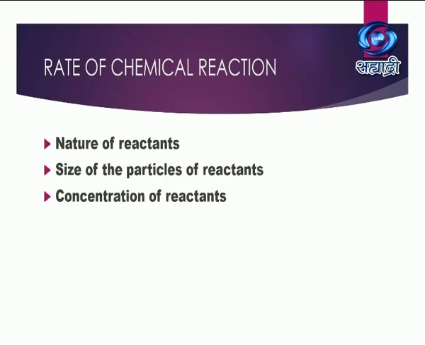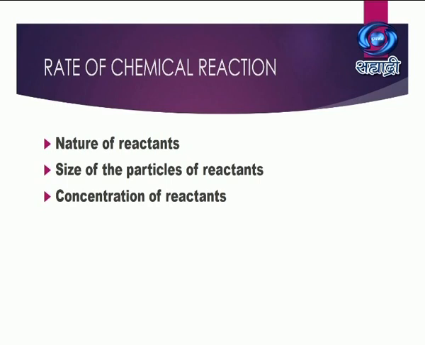The first factor is nature of the reactant. When we talk about nature of reactant, it is what type of reactants are reacting together. In the previous lesson, we have studied the reactivity series of metals. According to that, when aluminium and zinc are reacting with hydrochloric acid, hydrogen gas is liberated.